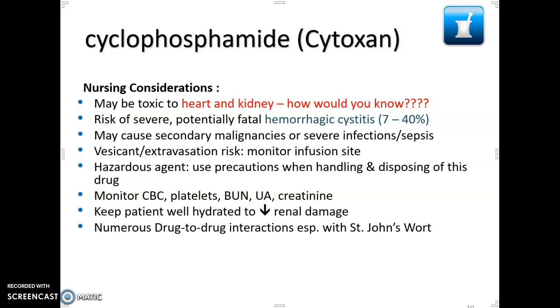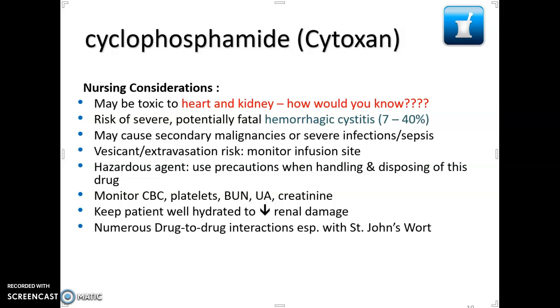Here's our hemorrhagic cystitis. It can also cause secondary malignancies, and I want you to know that all chemo can cause cancer. How crazy is that? Not only can it cure cancer, but it can cause cancer. And so you need to know that, but this drug is a known offender for that particular possibility.